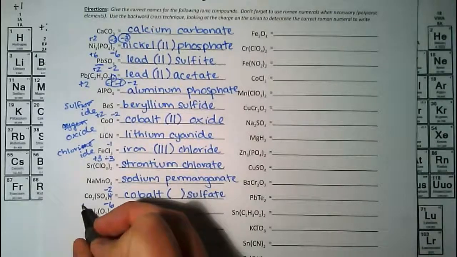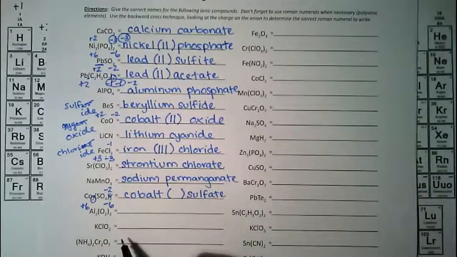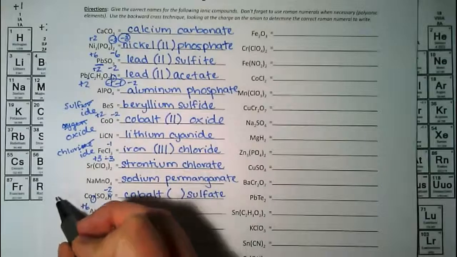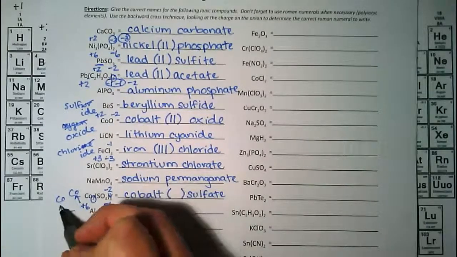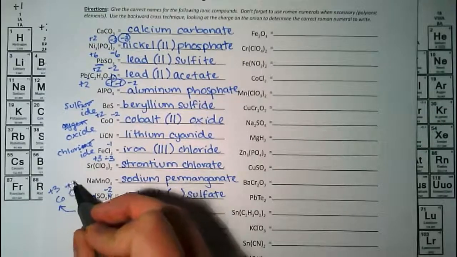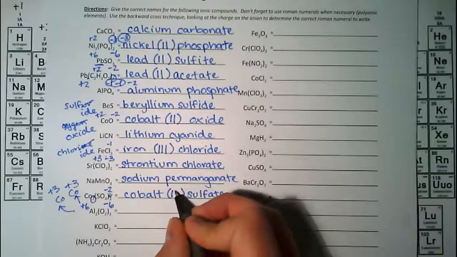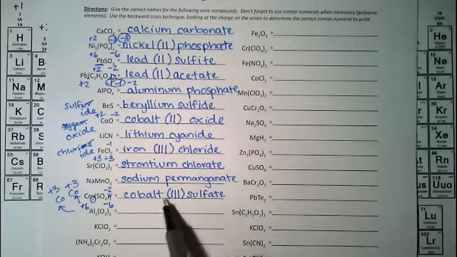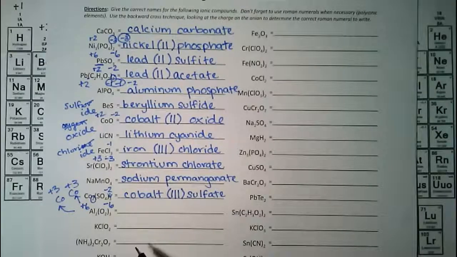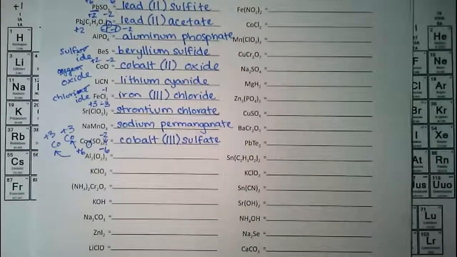Then I need to split up the +6 charge between the 2 cobalts that I have. So each cobalt is going to get +3. So my charge on one cobalt is 3, III. So this is cobalt 3 sulfate. Cobalt 3 sulfate.